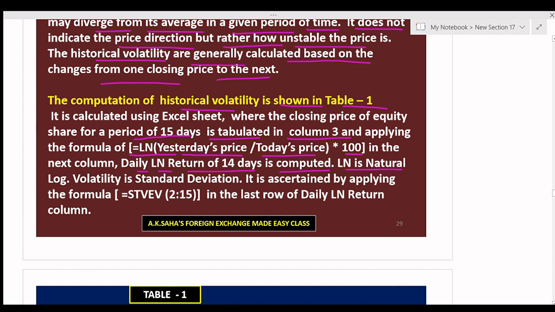Volatility is standard deviation. It is ascertained by applying the formula STDEV 2:15 in the last row of the daily ln return column.